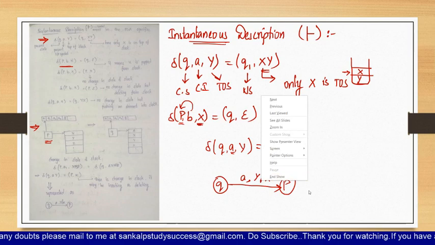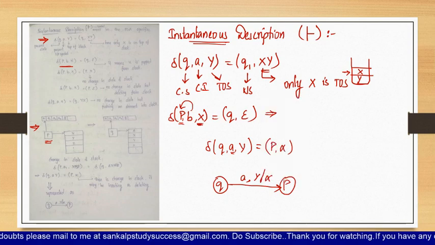So in this way we are going to draw the transition diagram, where we take the number of states and then the move from one state to another state by applying the input symbol, and also the changes in the top of the stack. What is the previous top of the stack and what is the current top of the stack. So this is our transition diagram.